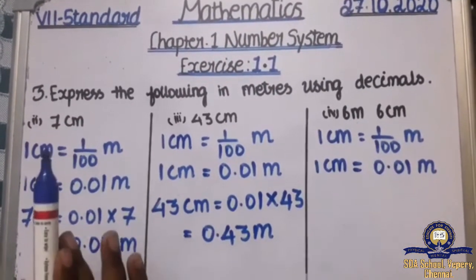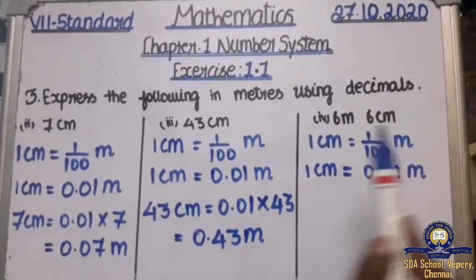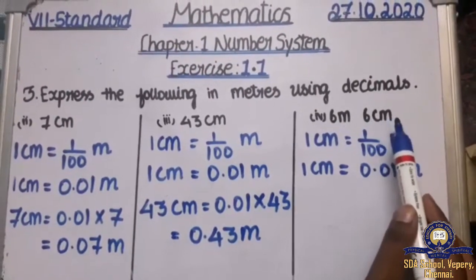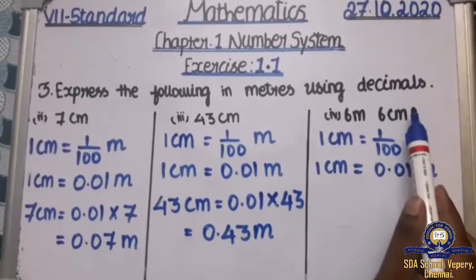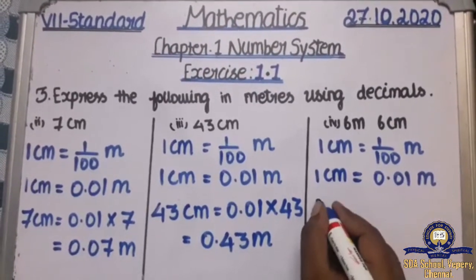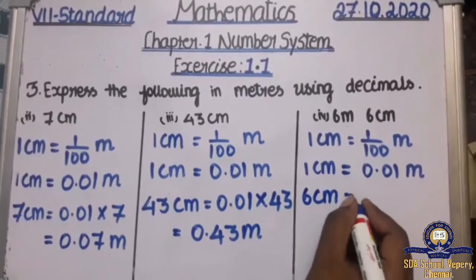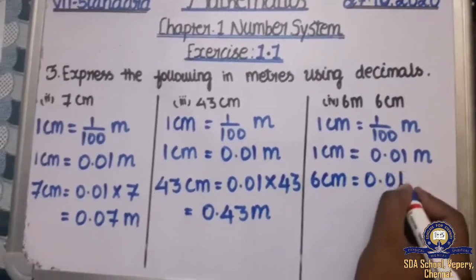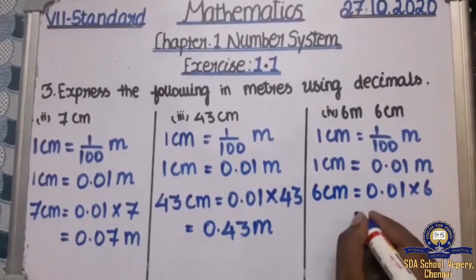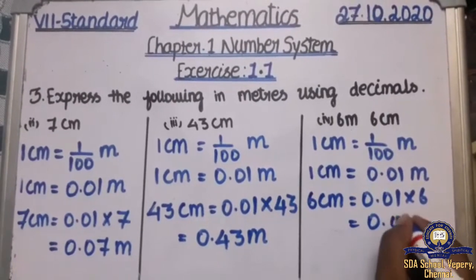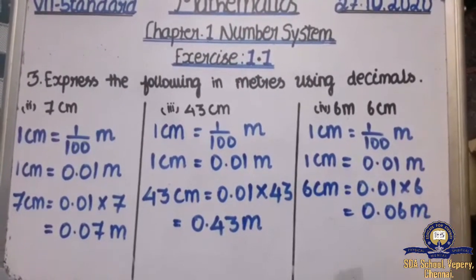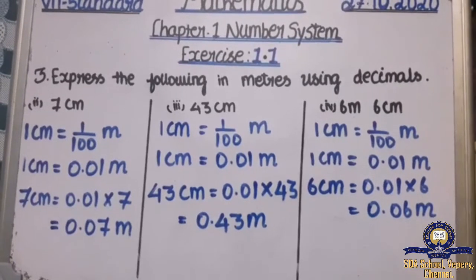So like this, 6 meter is already in meter form. We don't need to change it. But here 6 is in centimeter. So first we need to change it into meter. For that, 6 centimeter is equal to 0.01 multiplied by 6. We get 0.06 meter. So now we get 2 meter values.